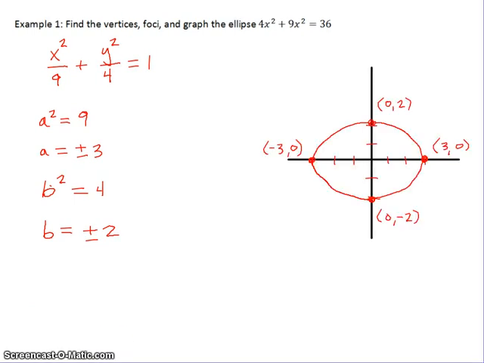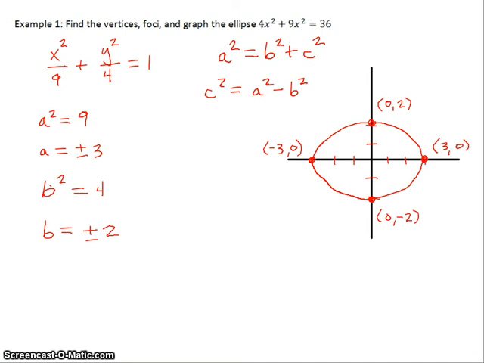So based off the A and B values, I have plotted the vertices and the endpoints of the minor axis. That gives the graph. Now we just need to find the foci. And we have to use the fact that A squared is equal to B squared plus C squared.